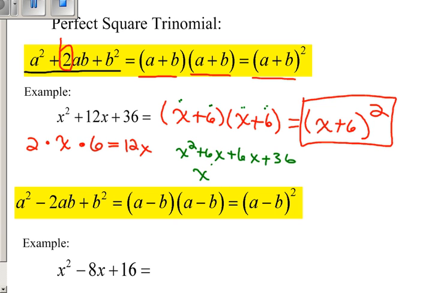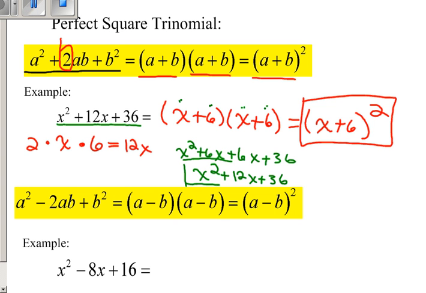So if I combine like terms, x squared plus 12x plus 36. Notice that is the exact same as my original problem. So therefore, yes, this is my correct answer. Whenever you FOIL, you should come up with the same answer, because that is my check.